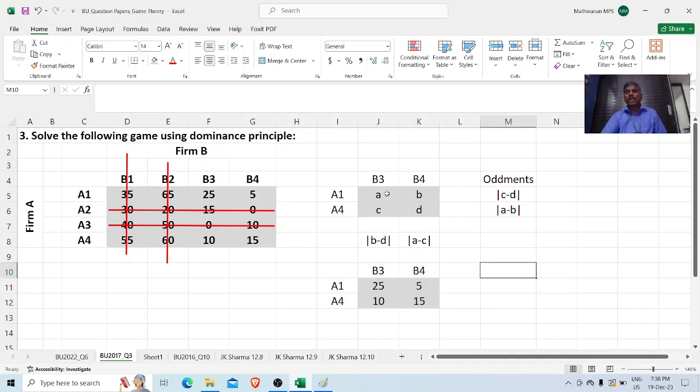We have taken the modulus of A minus B and written across the second row. Then we have taken the modulus of C minus D and written across the first row. Next, we have taken the modulus of A minus C and written across the second column. Then we have taken the modulus of B minus D and written across the first column.